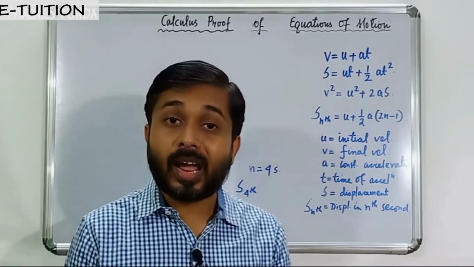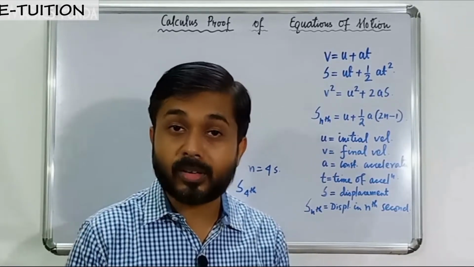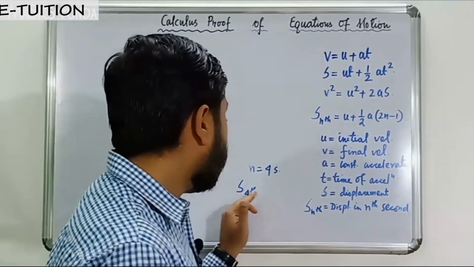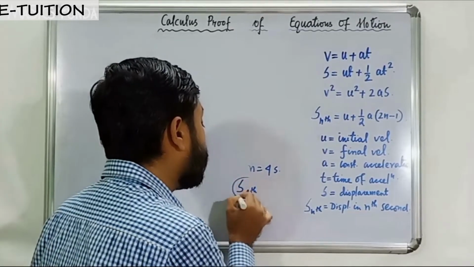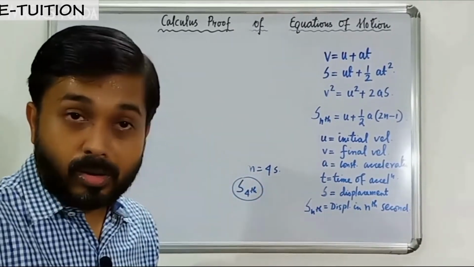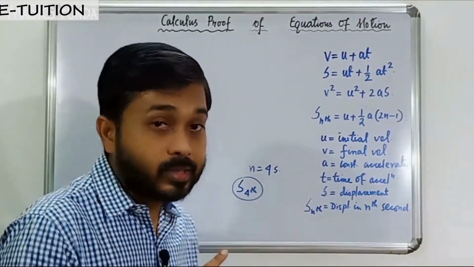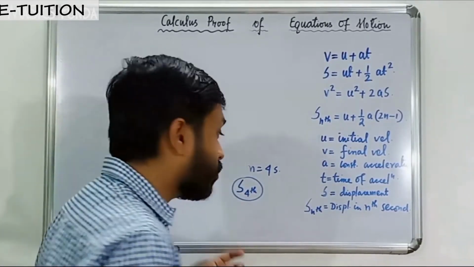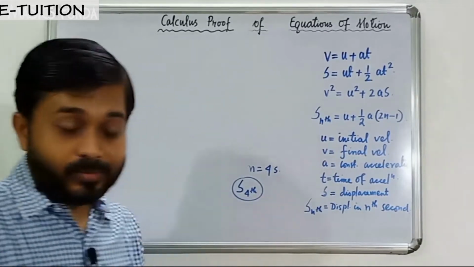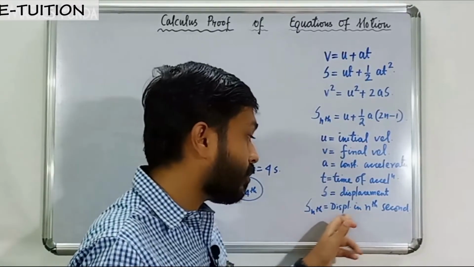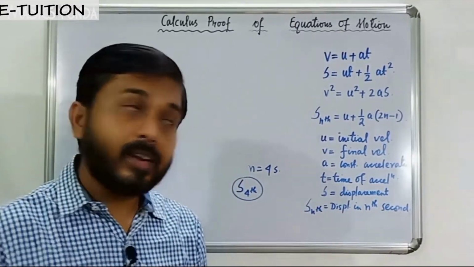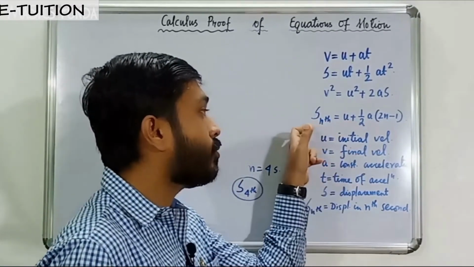So that is after the end of the 3rd second, for the next 1 second it is covering some amount of displacement, that is in the 4th second, and that is what s fourth stands for. I hope it is making sense to you now. So s nth is the amount of displacement in the nth second. So that is what we have to get here.